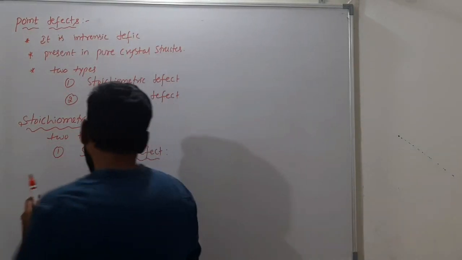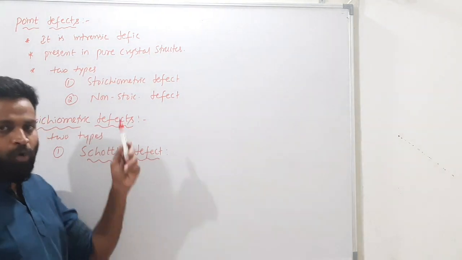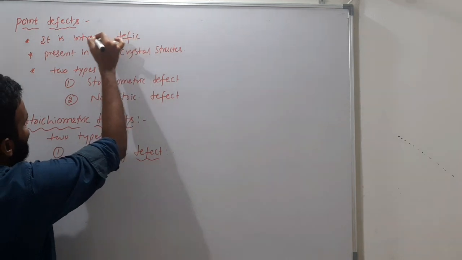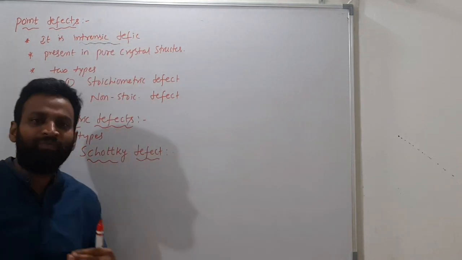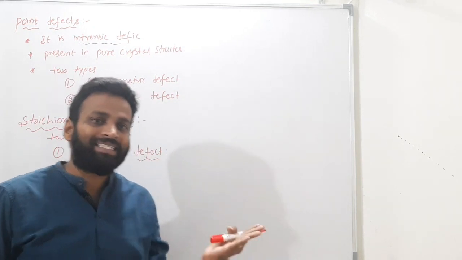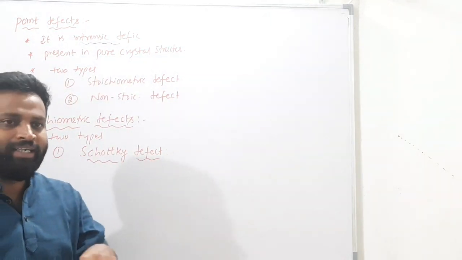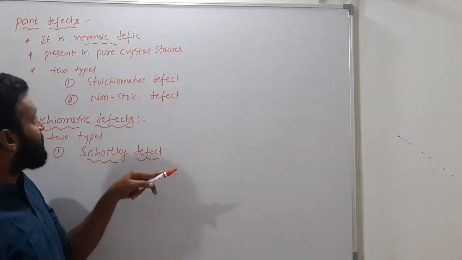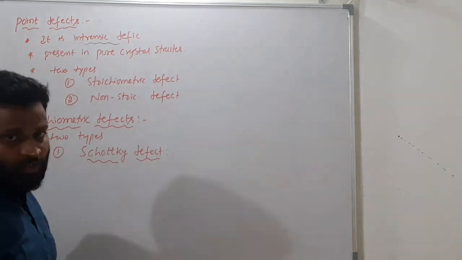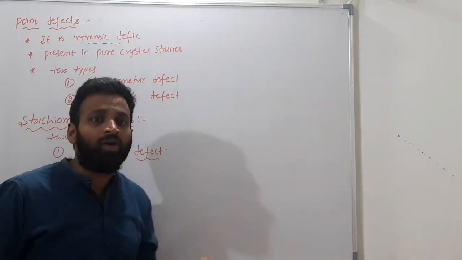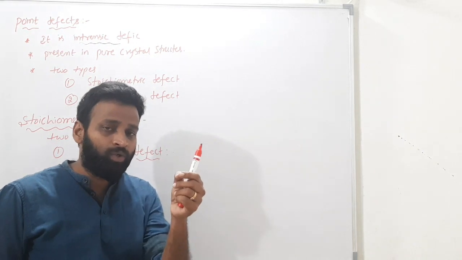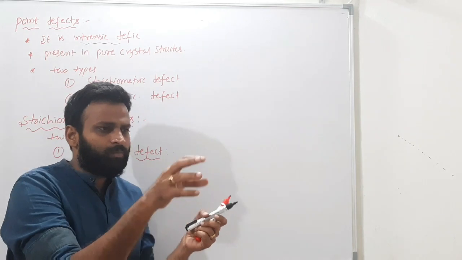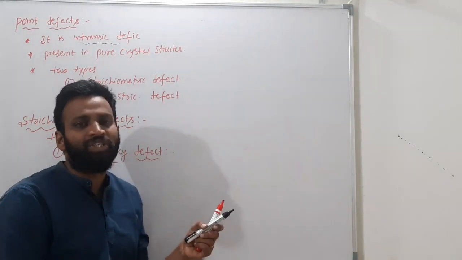So the defects we will discuss now are point defects. Point defects are also called intrinsic defects. Actually, defects are of two types: intrinsic defects and extrinsic defects. Intrinsic defects mean point defects due to loss of cations, loss of anions like that, or as I told you, ions occupying interstitial positions.